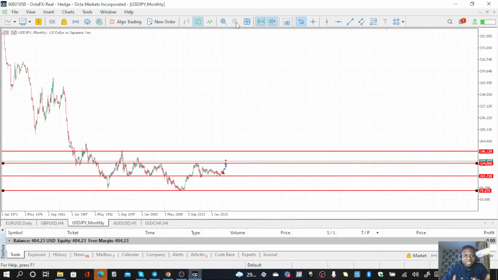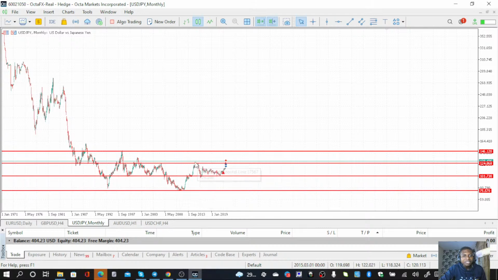Great. As you can see now, we have been able to put the market structure into support and resistance zones, demand and supply zones. At this level here is the demand zone, and that's why you see so much push to the upside.